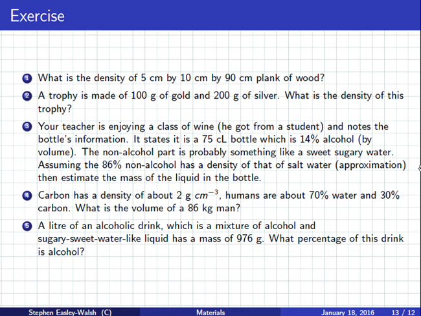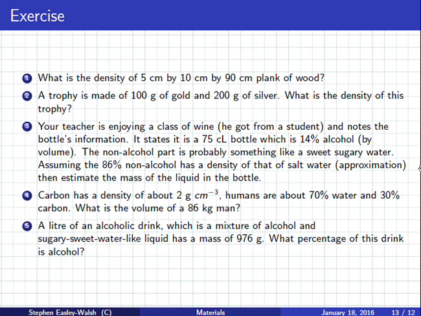Now remember, density is mass over volume, so volume is mass over density. So this is 0.011, the mass of the nickel divided by the density of the nickel, plus the mass of the silver divided by the density of the silver.